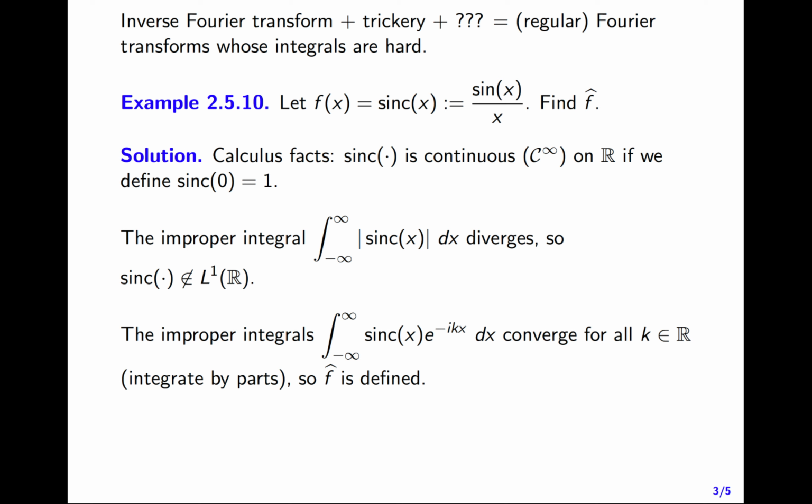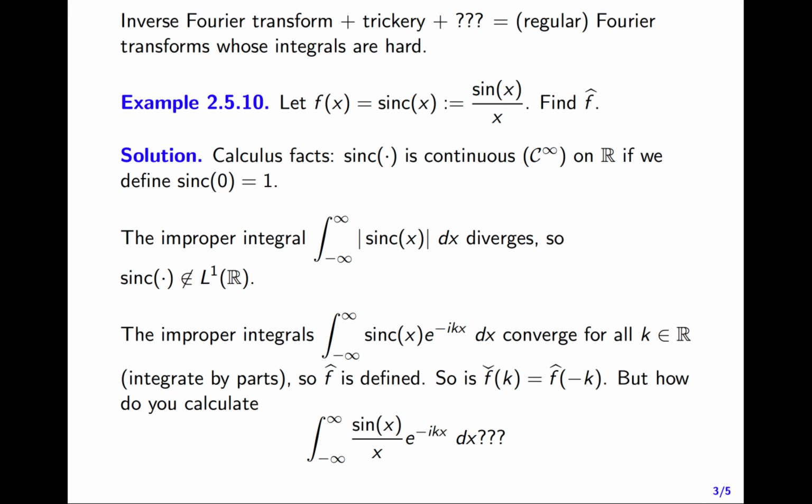And if the function is in L1, then that Fourier integral is always defined. But there are functions, such as sinc, for which the Fourier integral is defined even though the function is not in L1. This is one of those times. And since f hat is defined, we also know that f check of f is defined. So f check at k, remember, is f hat at minus k.